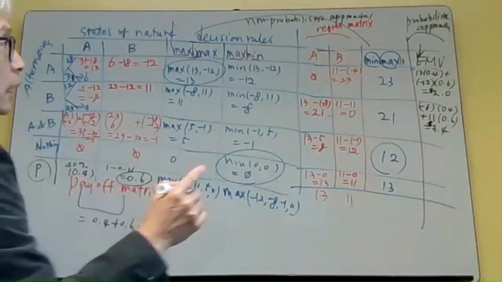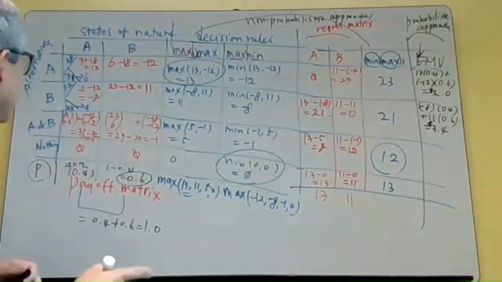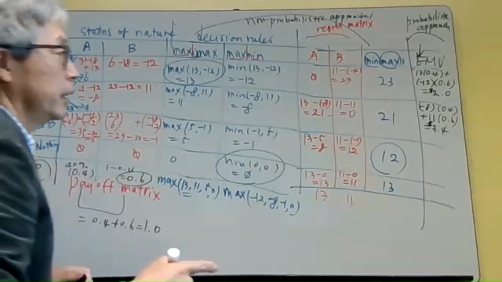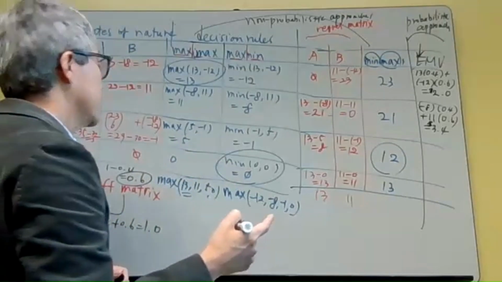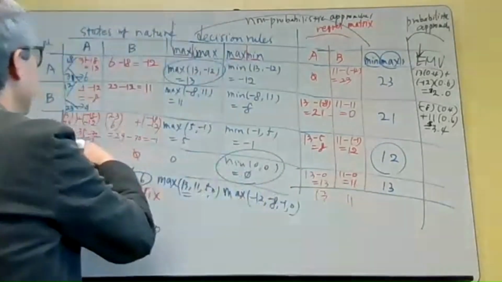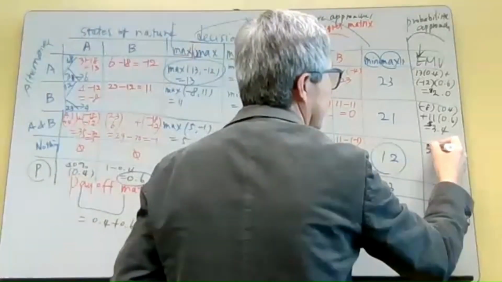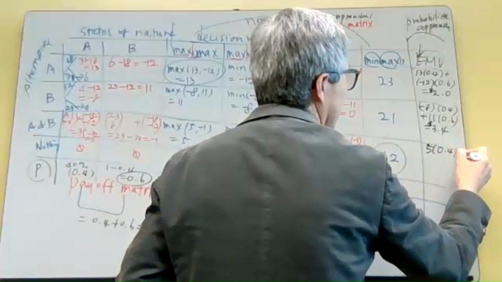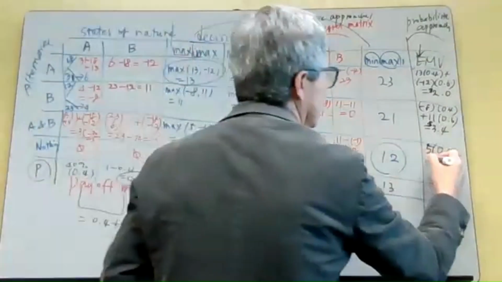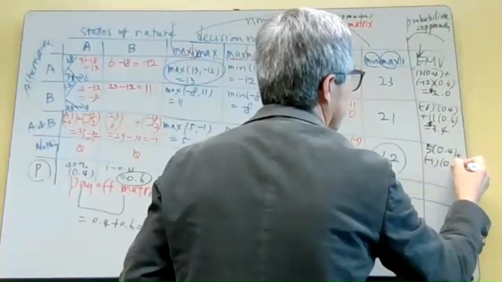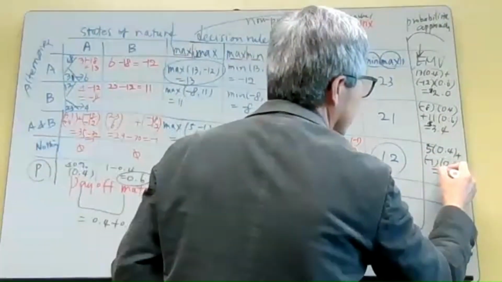Let's calculate the expected monetary value of alternative A and B, where we buy both parcels, location A and B. The payoff on the state of nature A is 5 times 0.4 plus minus 1 times 0.6, which is $1.4 million.